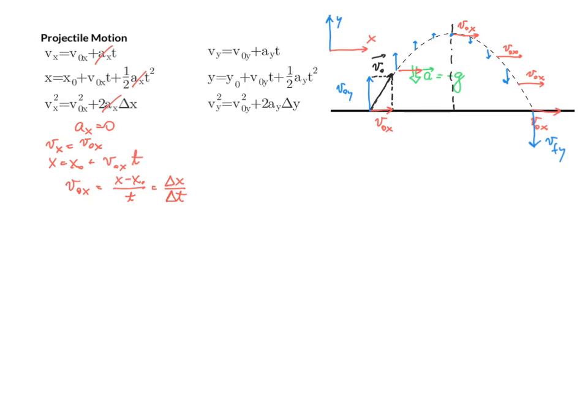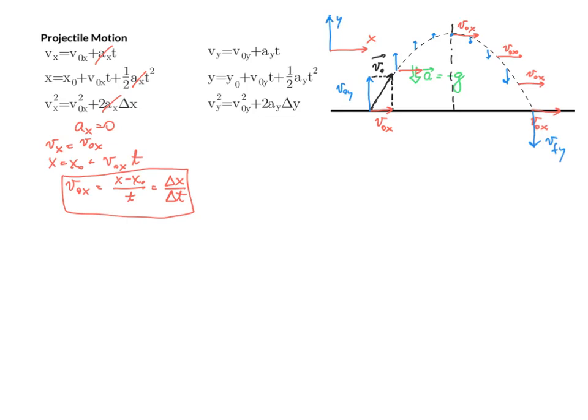If we look at the third equation, again, we get no information from it because we have just v x squared equals v naught x squared since this term is 0. So it turns out that in the x direction, we have a single equation that's of any use to us, and that is the definition of average velocity.